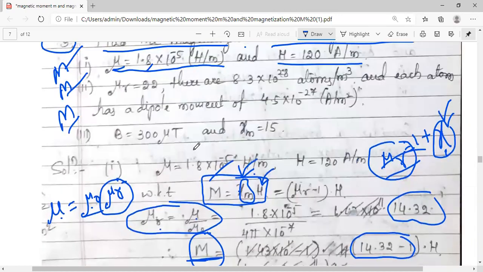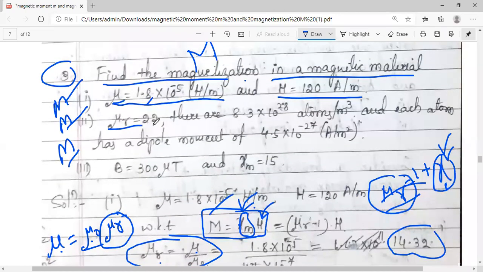Then second case. Data is mu r is given this time, and there are 8.3 into 10 raised to 28 atoms per meter cube. So these many atoms exist in an object. Assume a magnetic material has this many atoms, and each atom has a dipole moment.